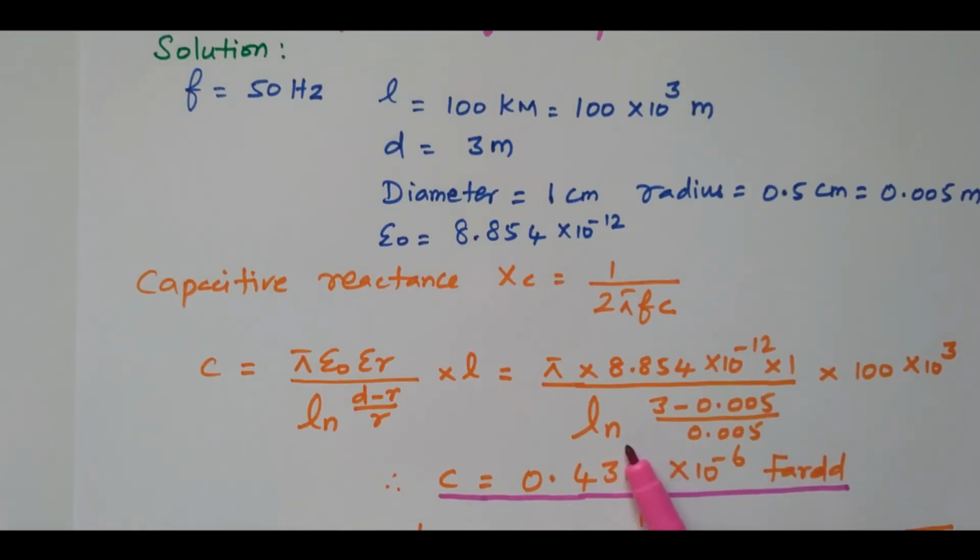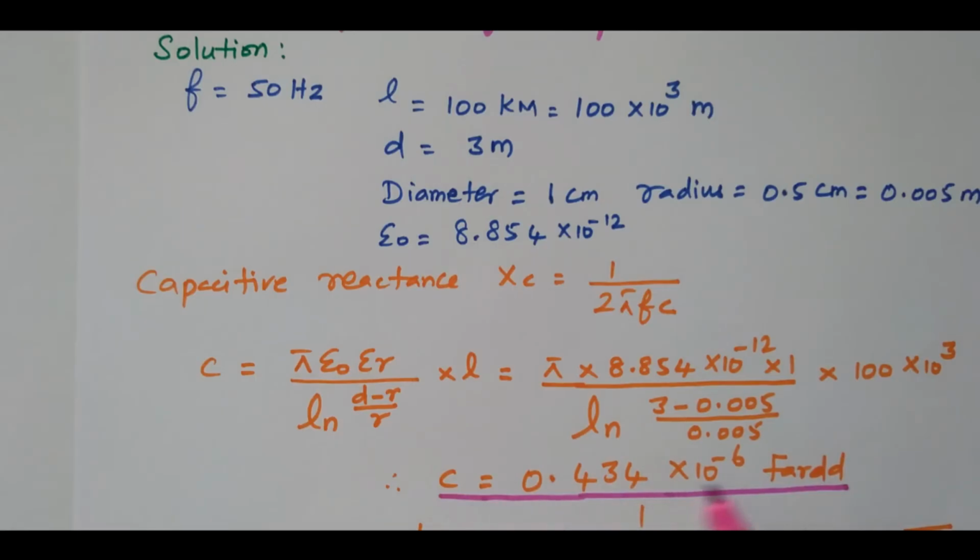You have to consider the base e, not base 10. It is a natural log, and you have to multiply with the length of the conductor, 100 kilometer, so 100 into 10 to the power 3. Now all the values are substituted. The final C value is 0.434 into 10 to the power minus 6 farad.